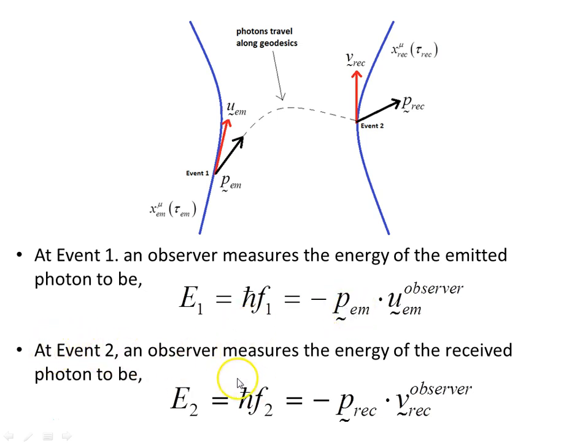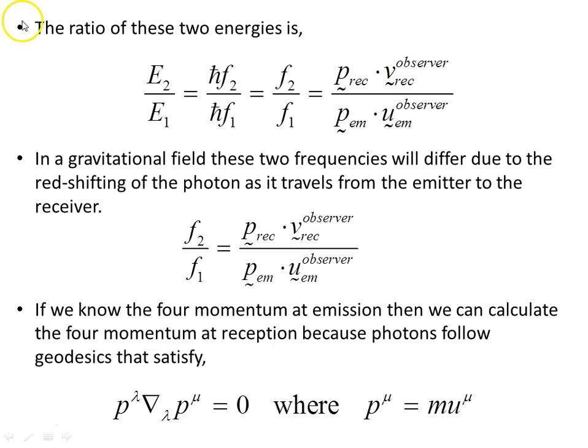At event 2, an observer measures the energy of the received photon to be E2 = h bar F2, and that's minus the momentum of the photon at reception, as measured by this observer with this four velocity. The ratio of these two energies, E2 on E1, is h bar F2 on h bar F1, which is just F2 on F1, and it's this inner product over this inner product.